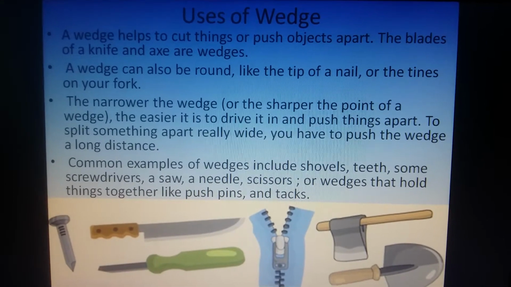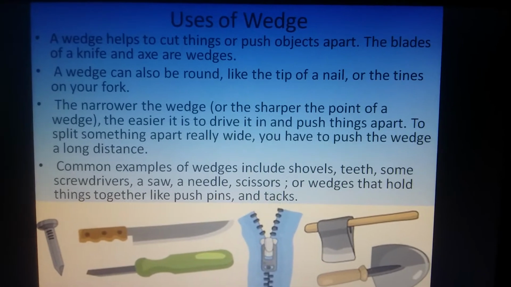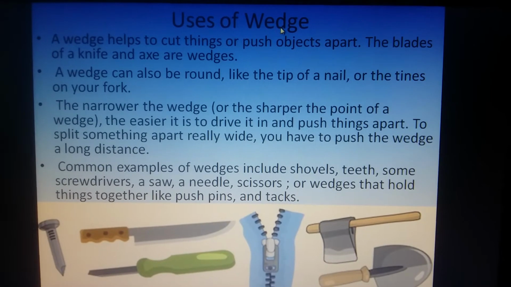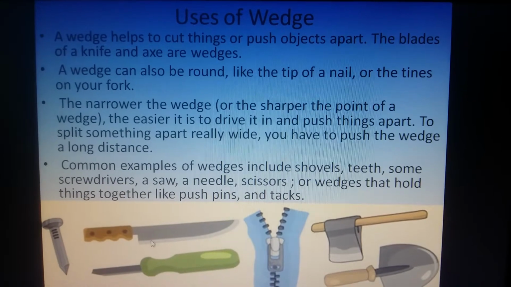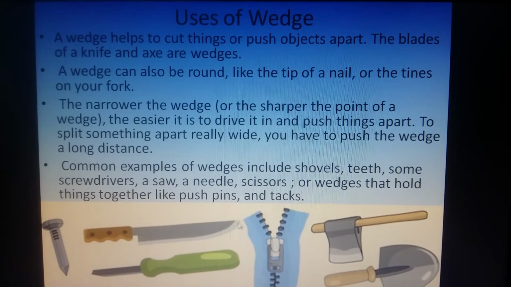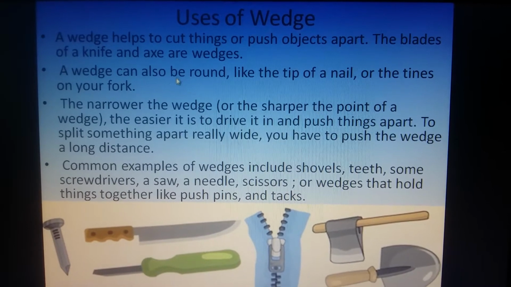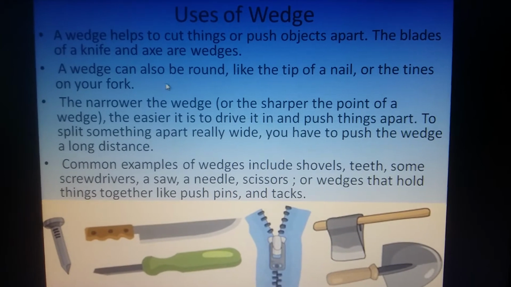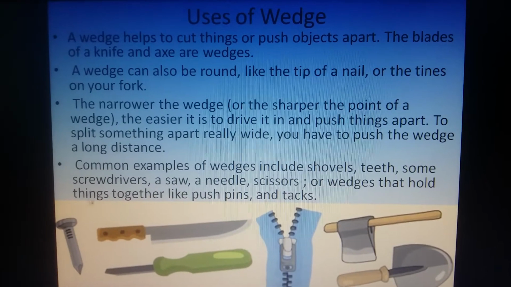A simple knife is a simple machine, which is nothing but a wedge, and its sharp edge cuts the vegetables so easily. A wedge can also be round like the tip of a nail or the ends of your fork.